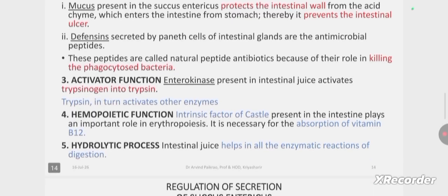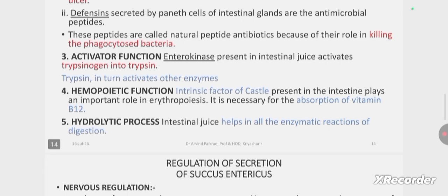Then the defensive function, defensins secreted by Paneth cells. It is an antimicrobial peptide, also known as a natural peptide antibiotic, which acts over phagocytosed bacteria and kills them. This is a very important role of defensin.